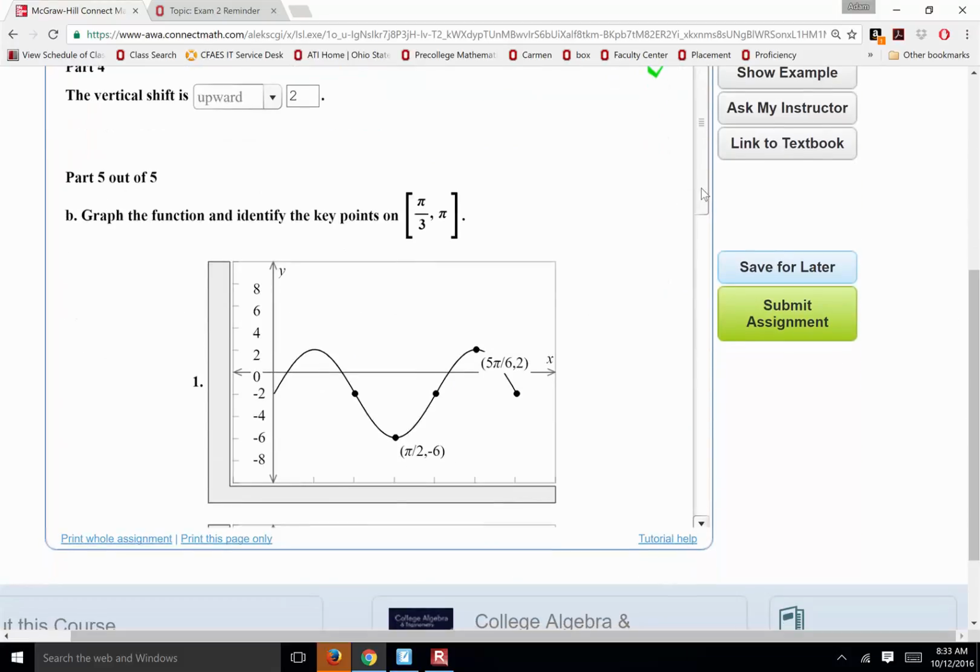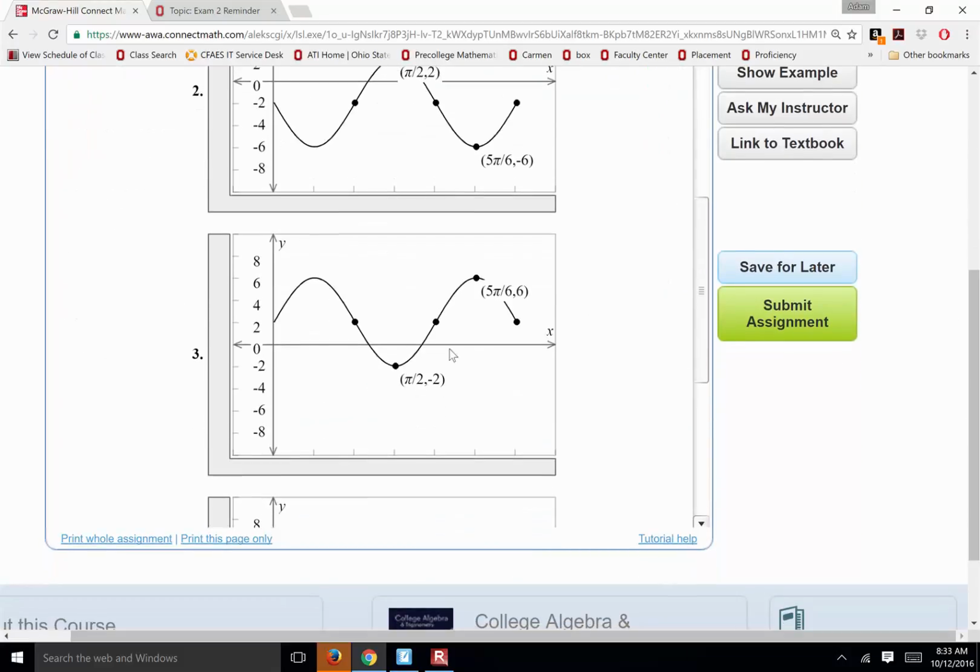No, my question is, did we make the right choice in number 3? Pi over 3. It looks like their minimum. I mean, I don't know why they didn't give us these values. It looks like pi over 2 is here in their set.